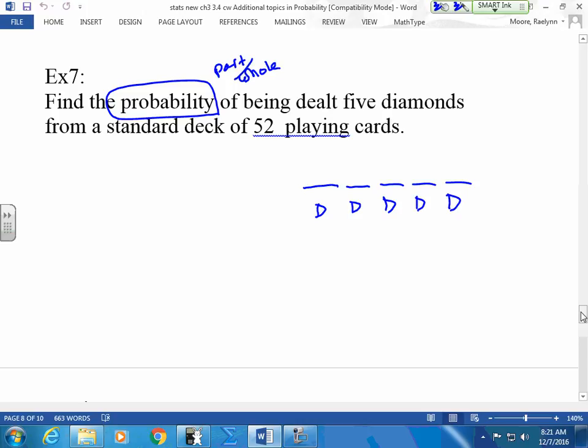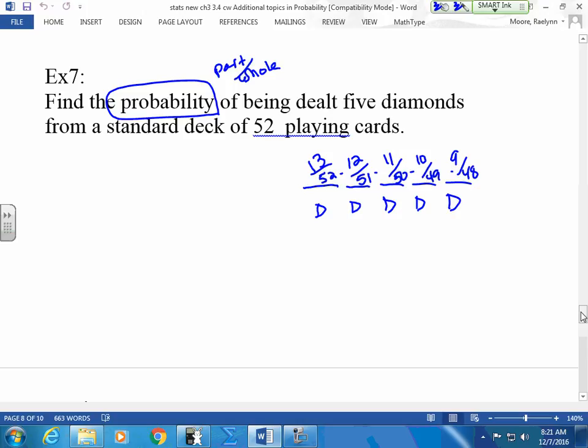I choose from 52 cards, but how many of them are diamonds? 13. Now I'm holding that diamond. You just dealt me a diamond. How many diamonds are left? 12 out of 51, then 11 out of 50, then 10 out of 49, and 9 out of 48. What do I do to all those? I multiply them.